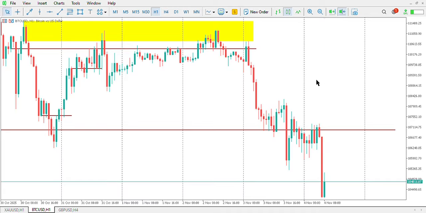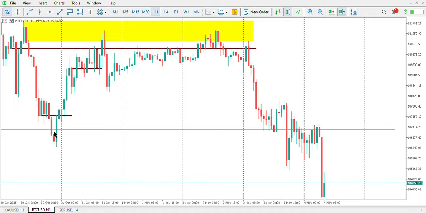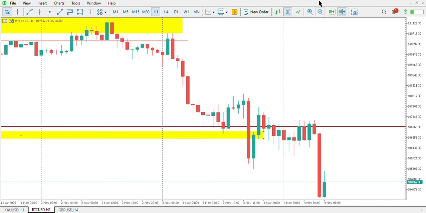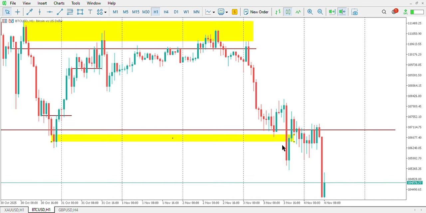And then what next? We went down to the lower time frame. Don't think too much. We went down to the lower time frame, and here you see that there's this swift movement here. We had this red candle before the buy, so we drew this over there. Now the market came to it and you could take a short trade over here, but this demand was broken after this swift movement through it.